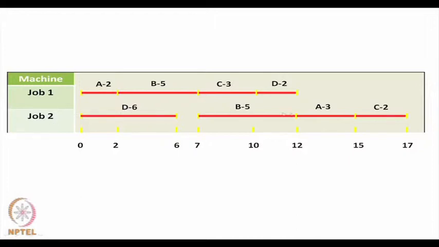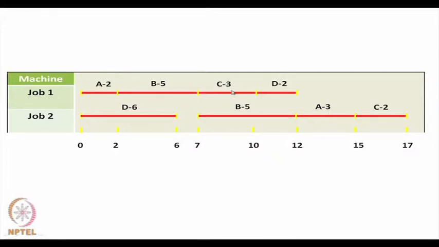Job 2 will have the operation sequence D, B, A and C. D takes 6 hours, but job 2 cannot be given to machine B, because machine B is already busy working on job 1. It will be free only after the 7th hour, and at that time only can job 2 be assigned to machine B. It takes 5 hours, and then A works on job 2 for 3 hours.